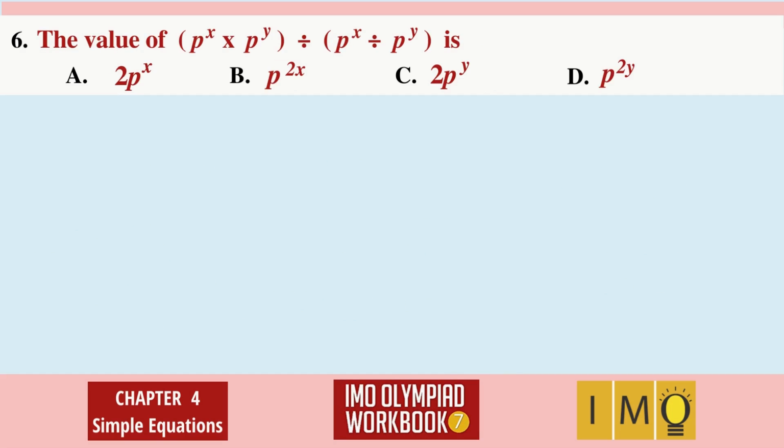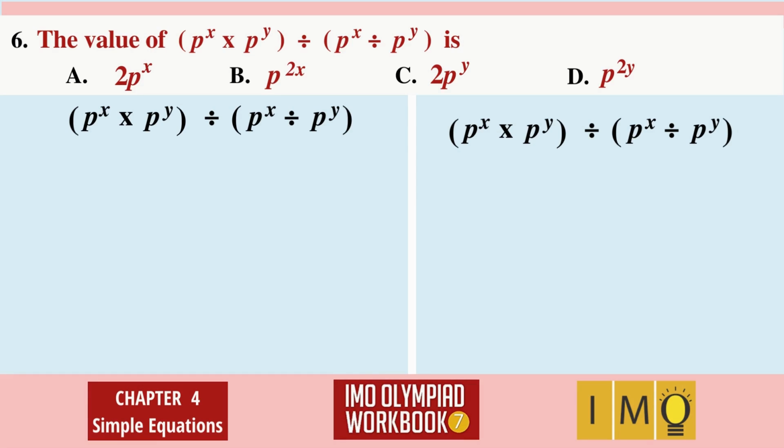Next, question number 6. Let's find the value of this expression. Let's do this using two methods. We'll check out if we can solve this without using the laws of exponents. To begin with, we'll keep the first expression as it is and solve p to the power of x divided by p to the power of y.